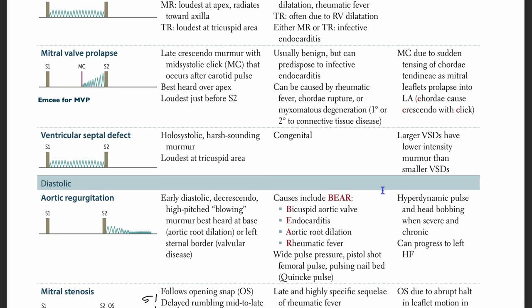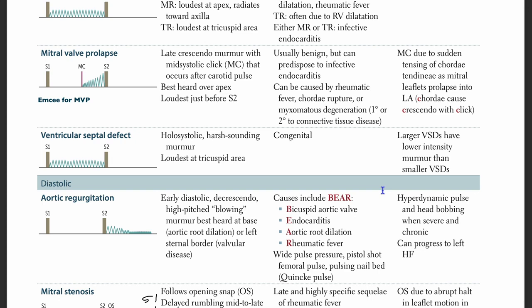Then I have water hammer pulse. De Musset's head bobbing, that's what it's called. Okay. Opening snap, mitral stenosis. SLE, myxoma, left atrial enlargement. MR is degenerative, endocarditis, IHD. Tricuspid regurgitation, IVDA, Marfan syndrome, carcinoid, pulmonary hypertension.